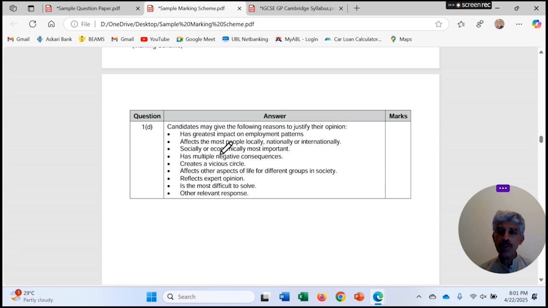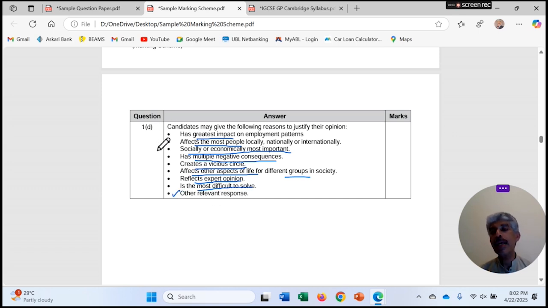Candidates may give the following reasons to justify their opinion as having greater impact. I mean, why something is really very significant: having the greatest impact, affects the most people, is socially or economically most important, has multiple negative consequences, creates a vicious circle, affects other aspects of life of different groups in society, reflects expert opinion, is the most difficult to solve, and any other.